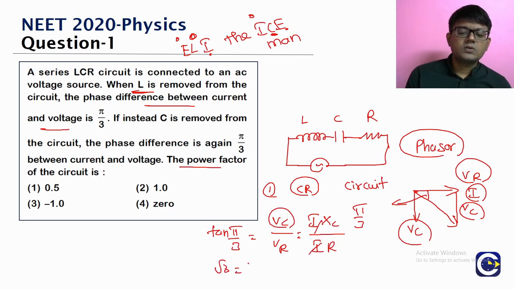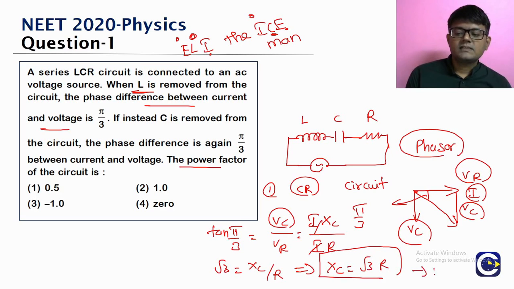So root 3 is equal to XC by R. In other words, XC is equal to root 3 times R. Let us keep this as equation 1.